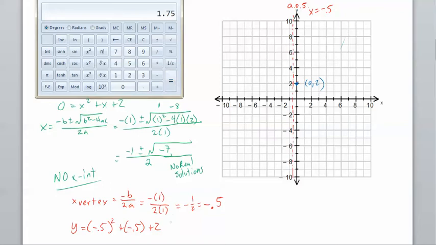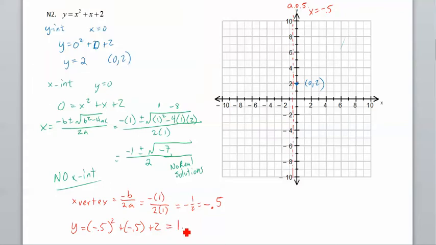So we get 1.75. And so that's my vertex. Negative 0.5, positive 1.75, which is right here. So negative 0.5, comma 1.75, right there. No, it's not perfect, but that's the vertex.